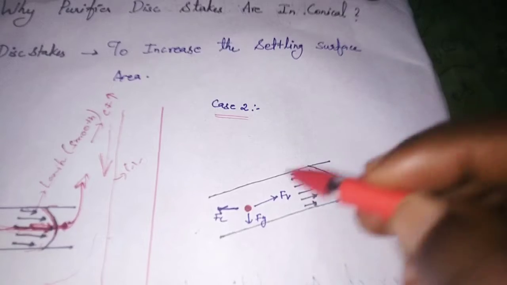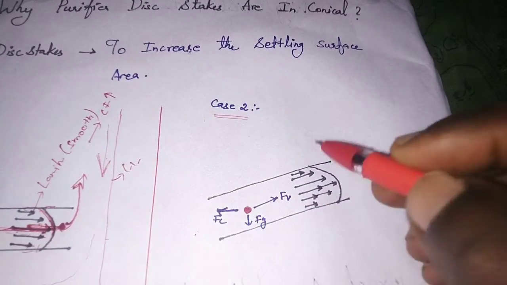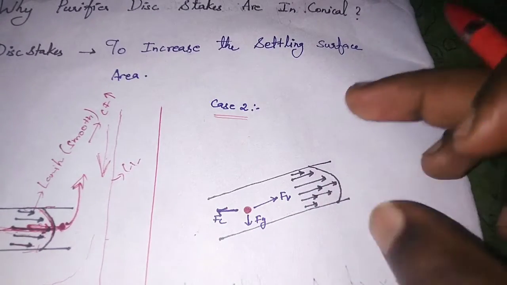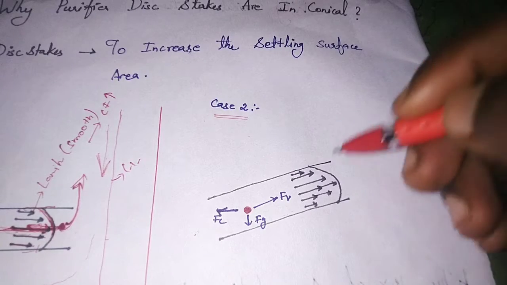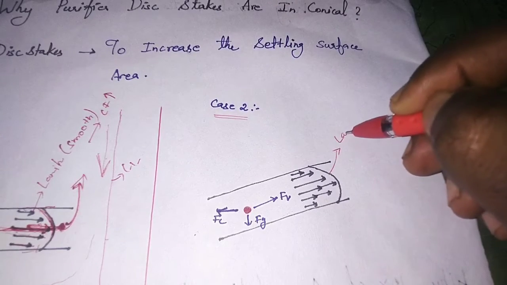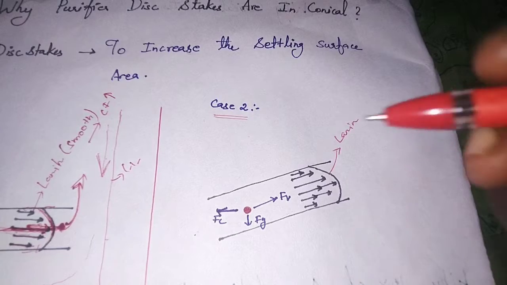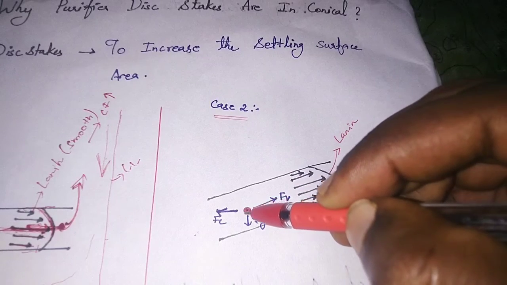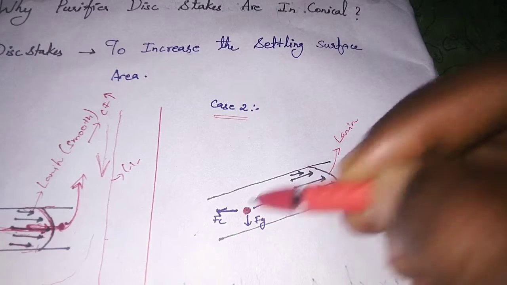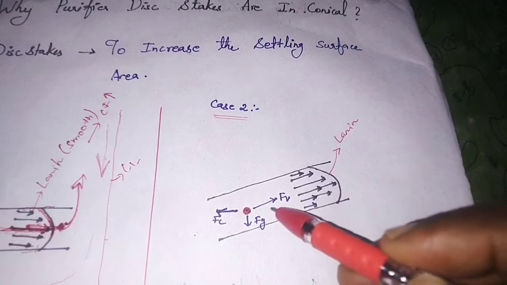Here we have inclined plates, conical plates. Let's take two conical plates. Here also the flow is laminar. Take only one solid particle.